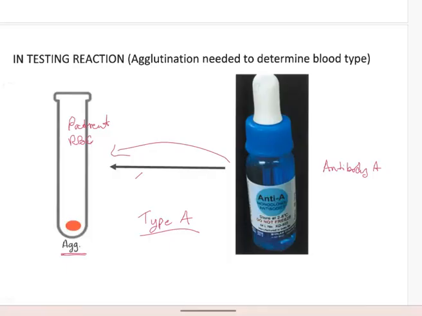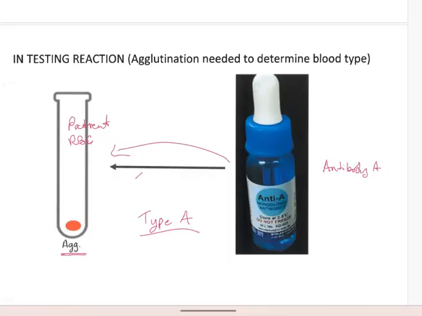We need that reaction. We need to see agglutination. So we take the red blood cells, we add antibodies to them, and if they agglutinate, we know what type of antigens they have. If they agglutinate with antibody A, we know there are A antigens on those red blood cells. So this person would be a type A.